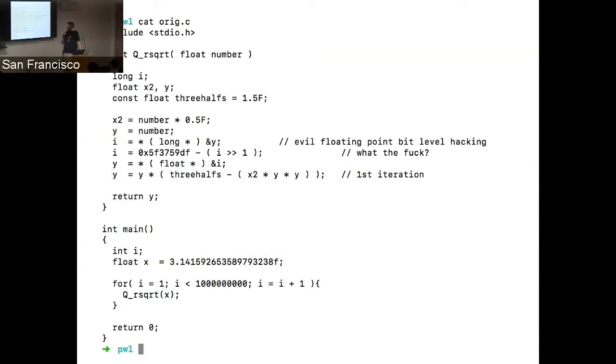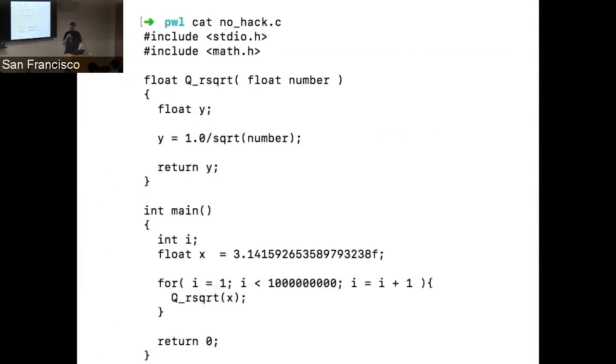I basically copy-pasted the code from Quake and ran it a billion times. I know people can count cycles, and I'm not that good with C, but a simple loop, a billion times, let's see what the time will be. And to compare, I used the standard function available and did the same thing again.